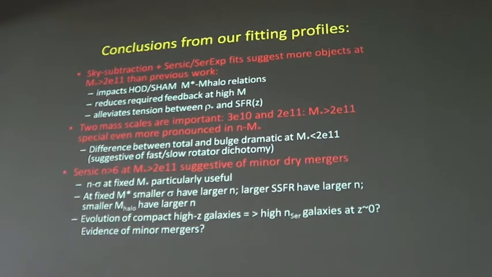Yeah, a question over there. I have a very short question. I have a reading comprehension question. In your last point, you're saying that if the evolution at large masses is dominated by minor dry mergers, then we would expect these relationships that you list in the second bullet point. Is that correct? No, so what I'm saying is, my main conclusion here is that maybe the massive galaxies with large Sersic index that we see are the ones that derive from the compact high redshift galaxies.